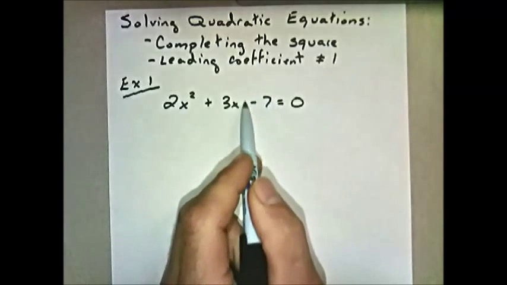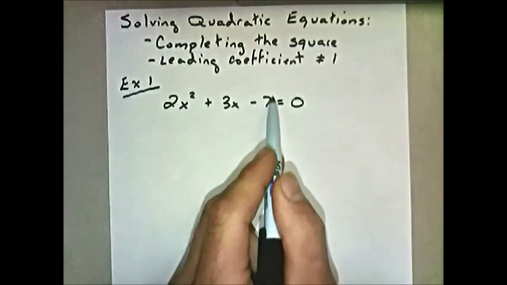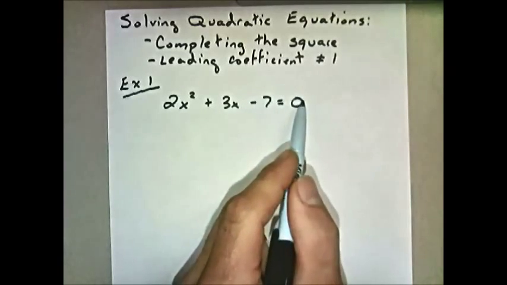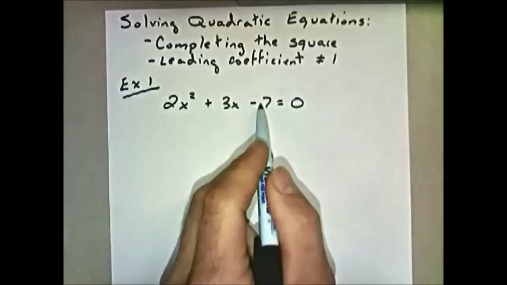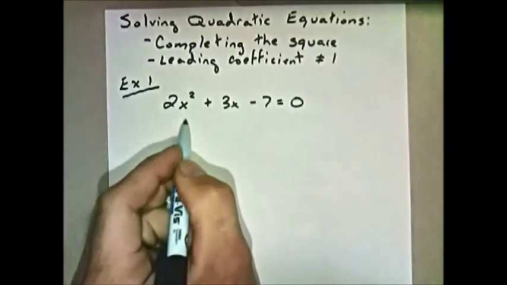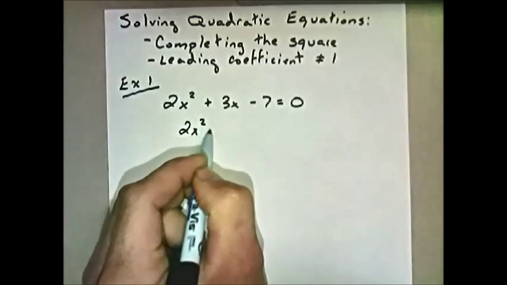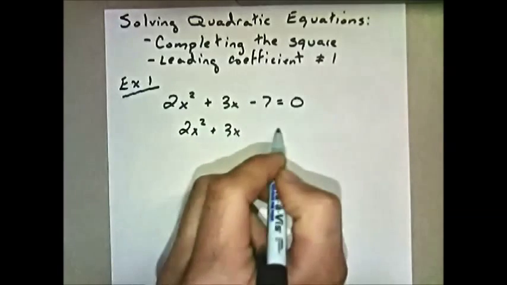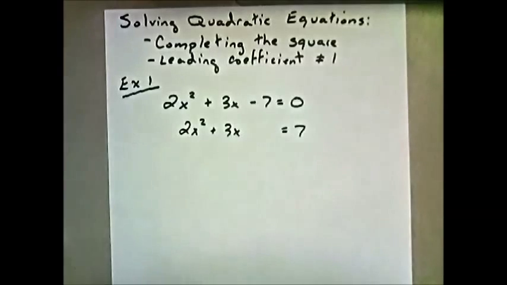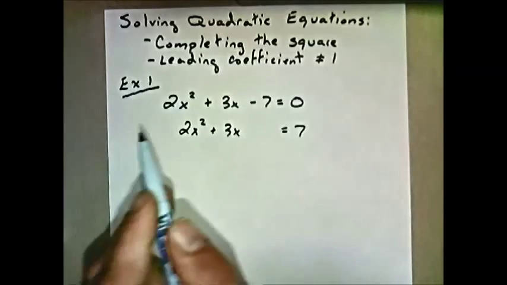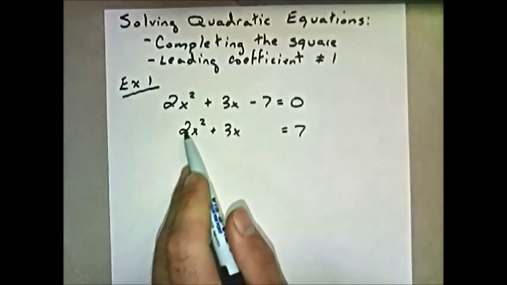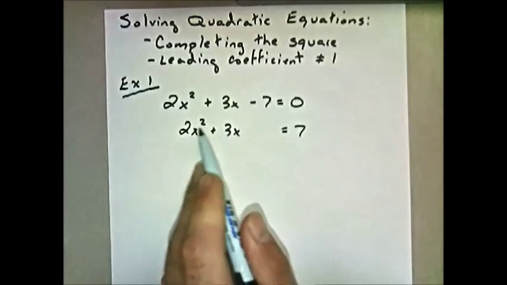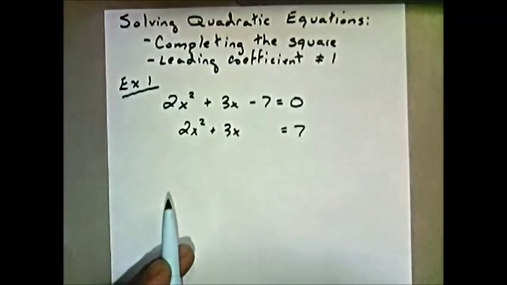Remember, the first step in completing the square is to move the constant term to the right side. We're going to do that by adding 7 to both sides. So we get 2x squared plus 3x equal to 7. The next thing we're going to do is divide this 2 out of each of our terms.